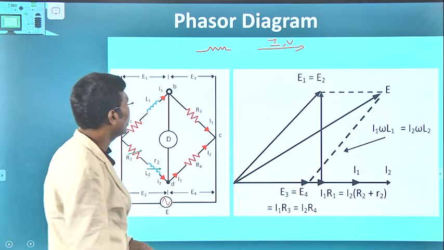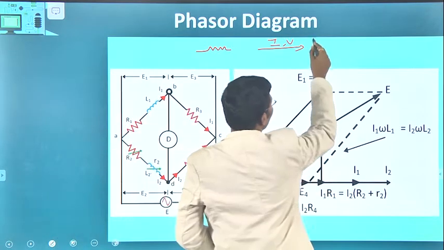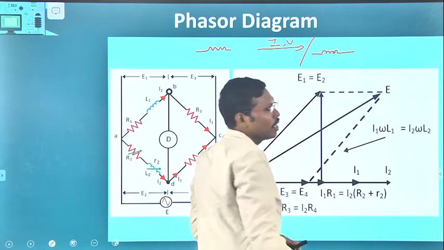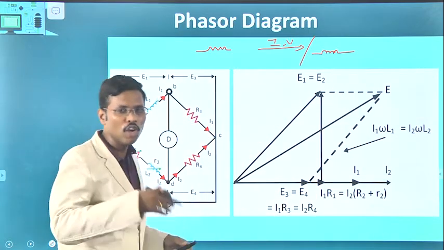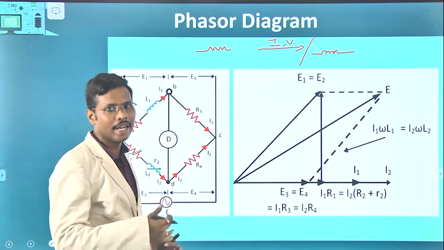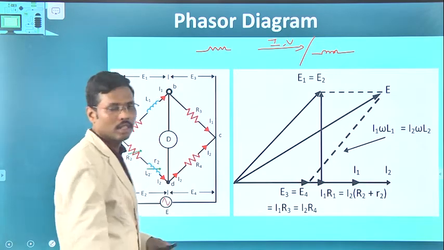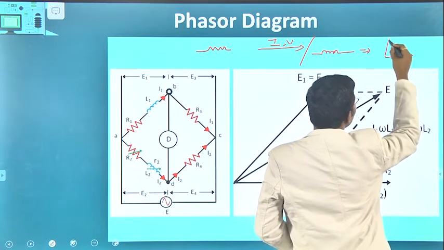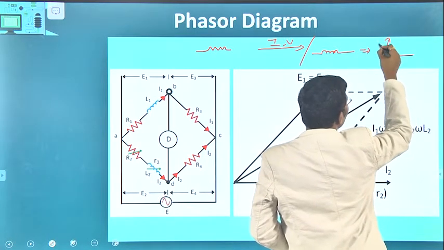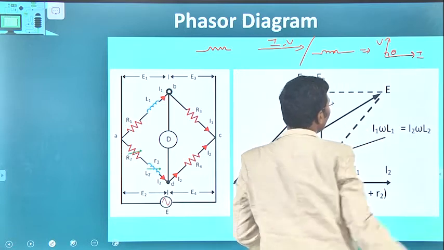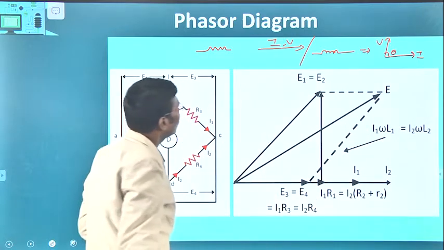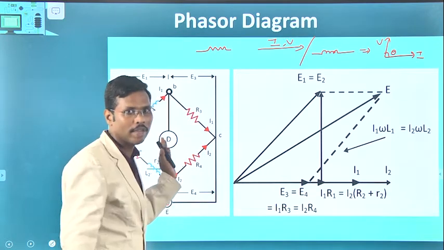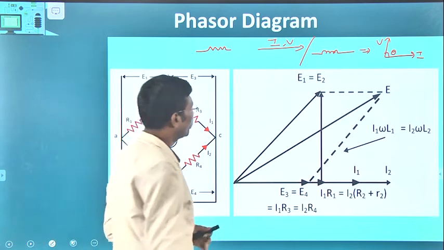And if you consider an inductor, voltage will lead current by 90 degrees. And if you take a capacitor, here we do not have a capacitor, but let us discuss it also.